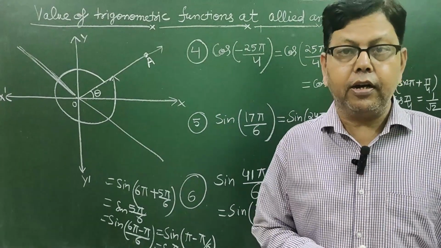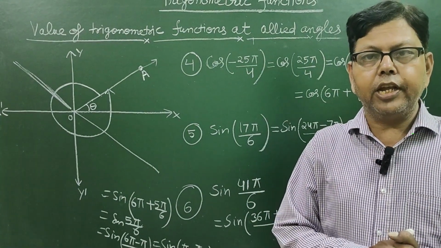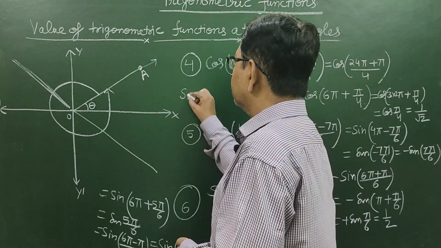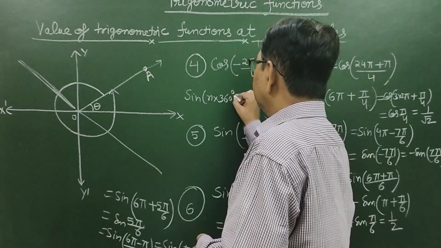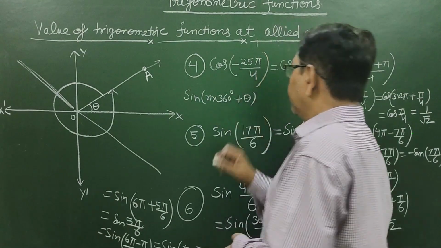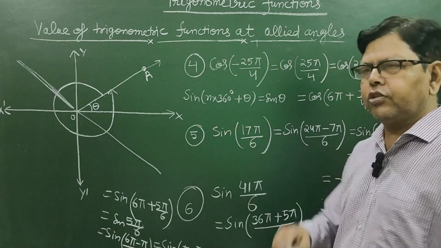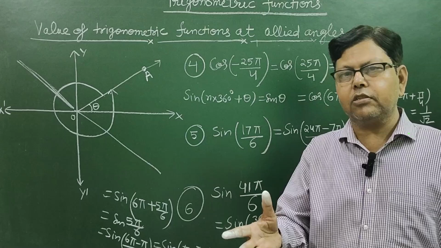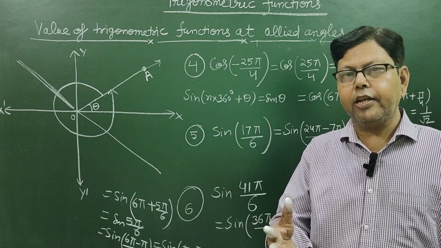If the angle is bigger and it is in degrees, in that case you can use the concept of sine of n into 360 degrees plus theta is equal to sine theta, means take the rotations of 360 degrees, divide that angle by 360 degrees. In that way you can tackle angles which are in degrees.